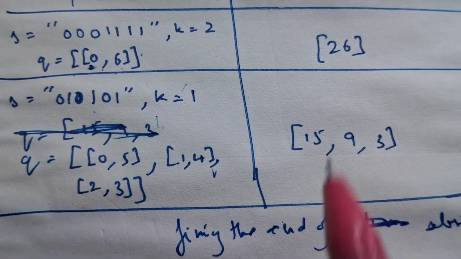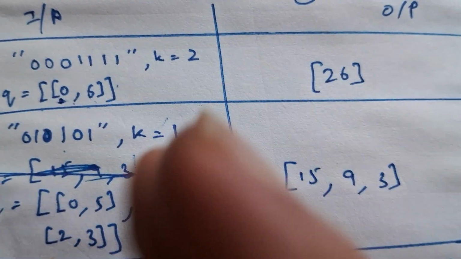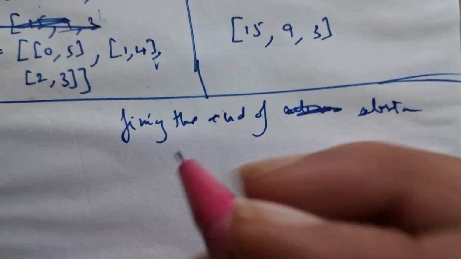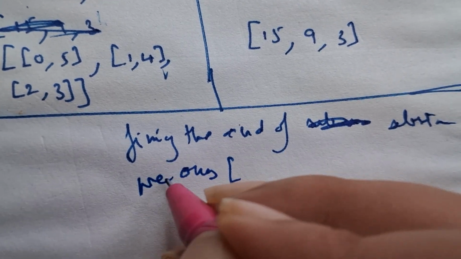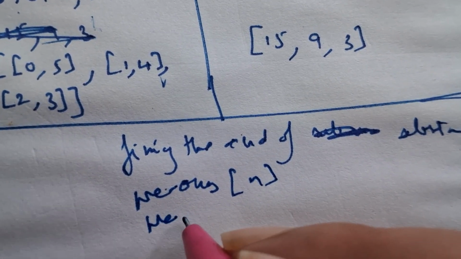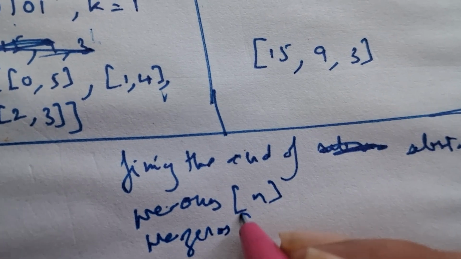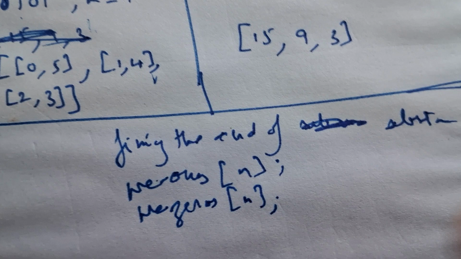Now you can store the number of ones from the beginning till that position in an array called ones. This is basically the prefix of ones, of size n, and there is a prefix of zeros, also of size n. Both are of size n.